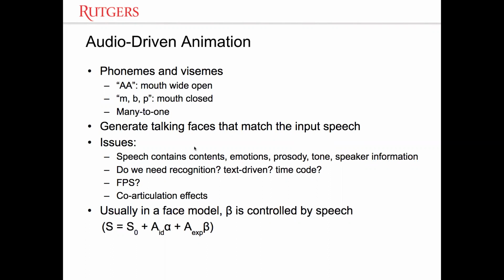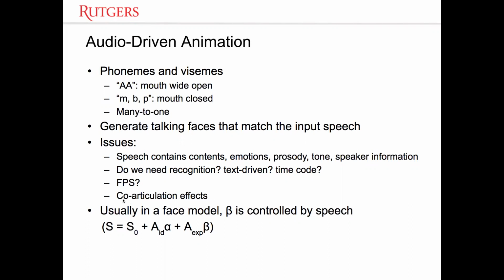And from these contents, we map it to the visemes, to the blend shapes. So you can think of, okay, we can do speech reconstruction, convert the speech to the text or to the phonemes. From the phonemes, we do a text-driven animation.